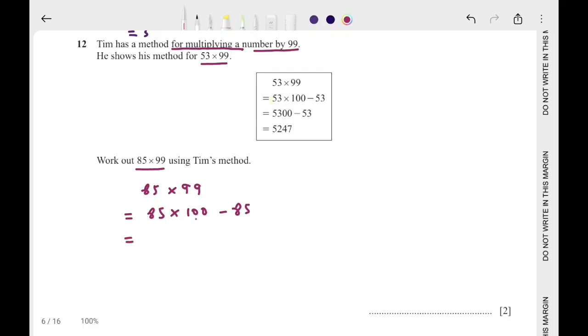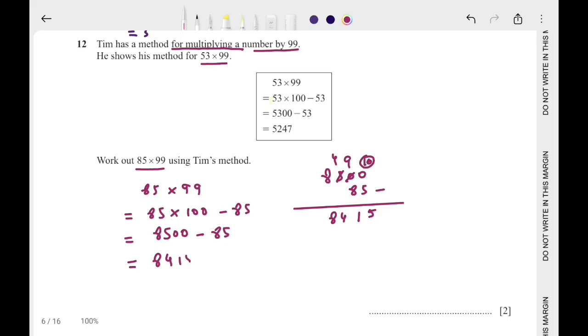Now 85 times 100 is 8500, minus 85. We have to take a carry from here, and here would be 10, here would be 9. So 10 minus 5 is 5, 9 minus 8 is 1, and here would be 4. So it would be 8415. This is the answer.